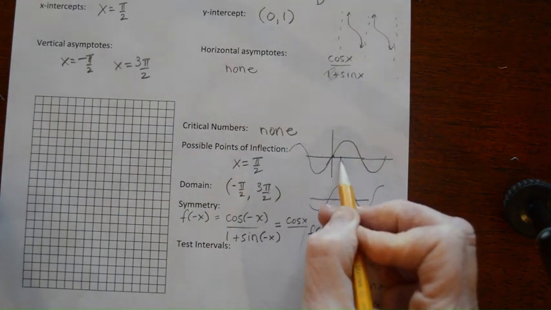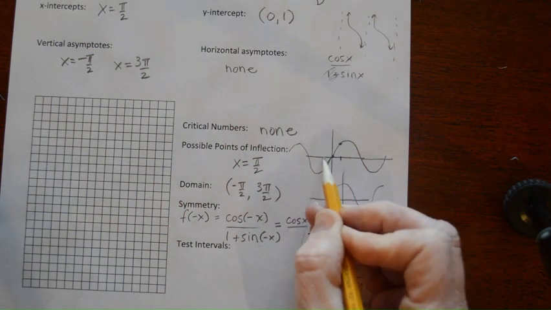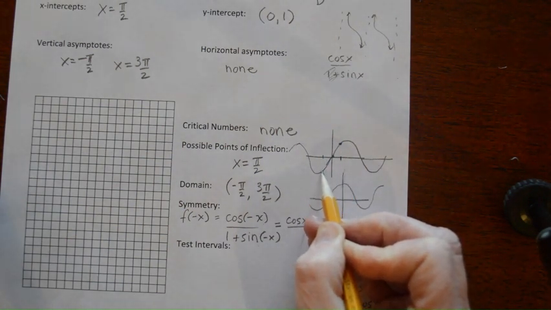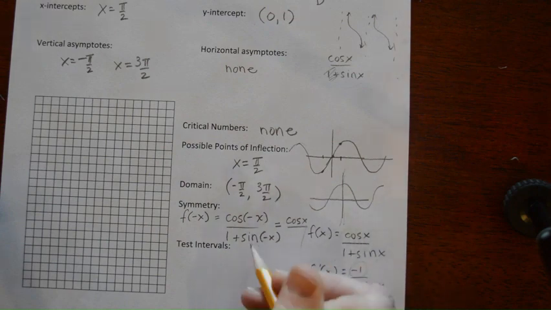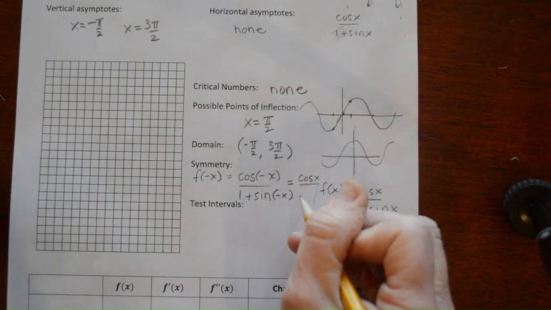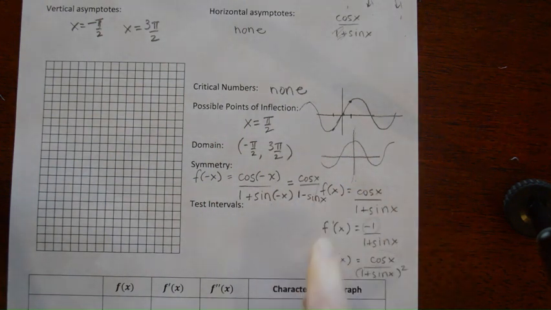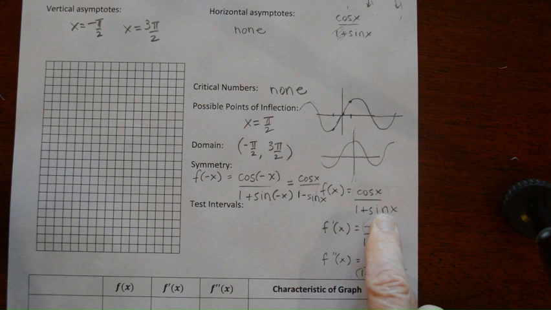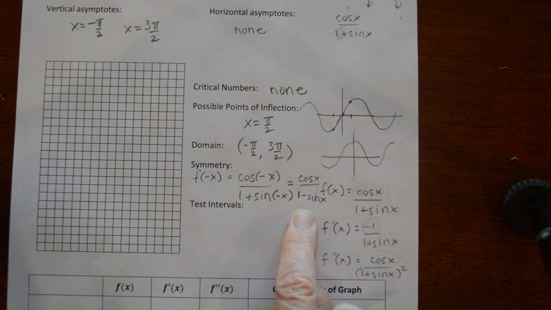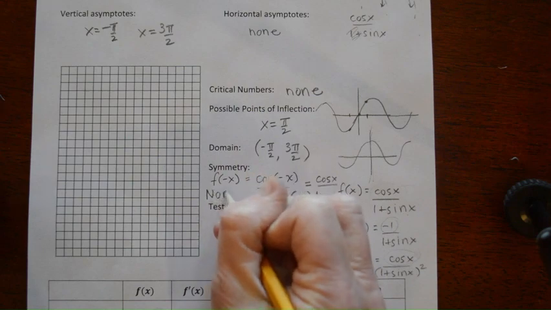If I put this value in for x, I get positive whatever it is, and then I come down here and I get the negative version of it. So sine of -x is the same thing as negative sine of x. So we've got 1 minus sine of x. That is neither exactly the same as the original, nor the exact opposite of it. So in terms of symmetry, there is none.